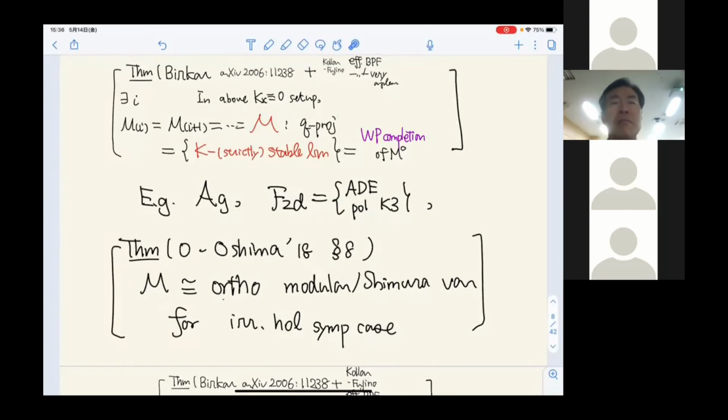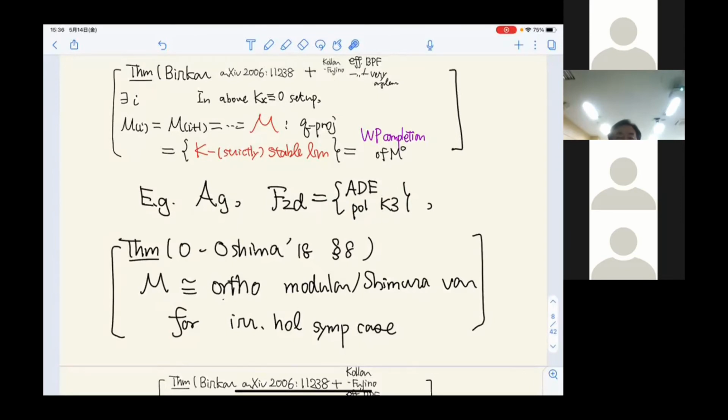So the examples are like this. In the abelian variety case, it does not have any degenerations. But in the moduli of polarized K3 surfaces, by this partial compactification, we allow ADE singular ones.